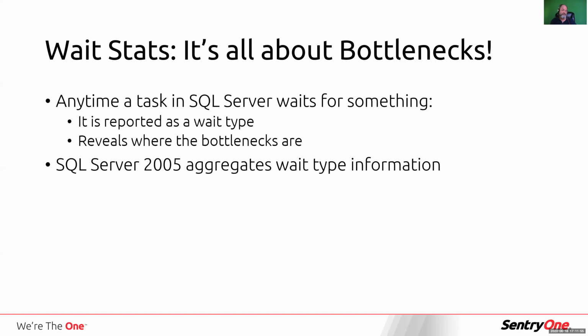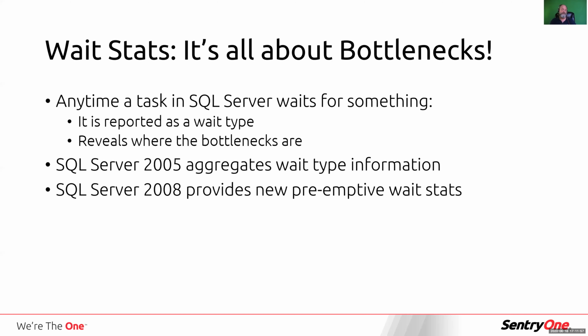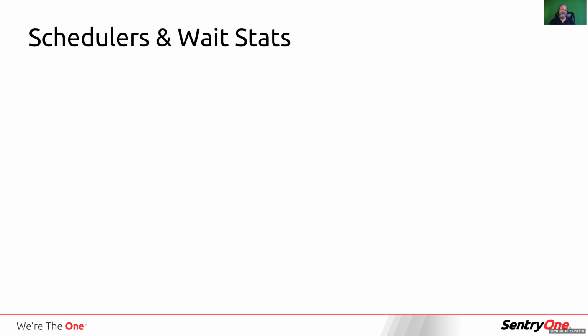When it was introduced in SQL Server 2005, there were a few hundred wait types. In 2008, they added something called a preemptive wait type that doubled the number of wait statistics. And with each new release of SQL Server, they've added more and more wait statistics. I'm going to show you the top 10 or top dozen that you need to focus on. Here's how wait stats work, though.